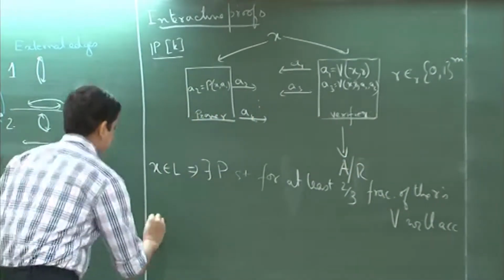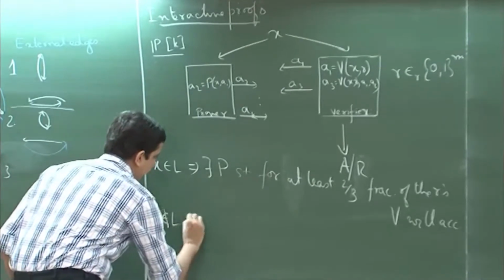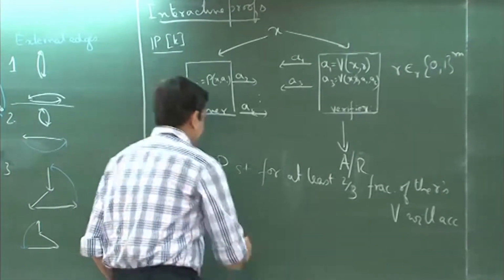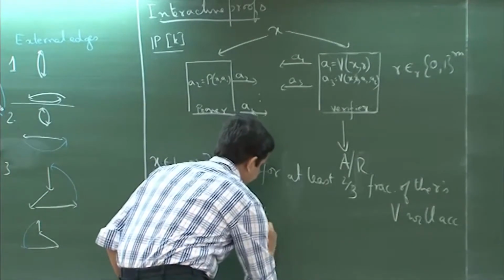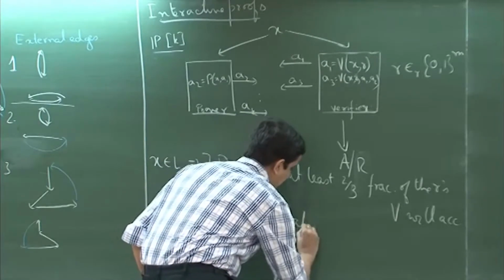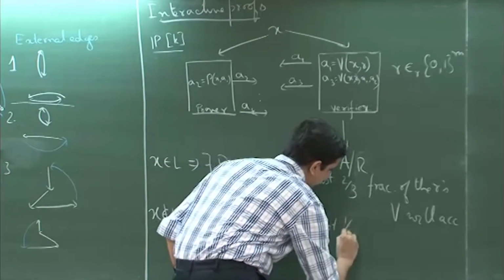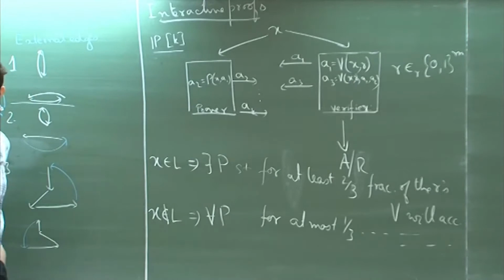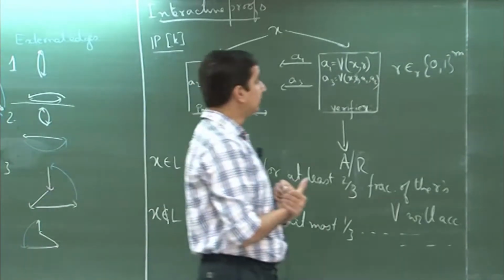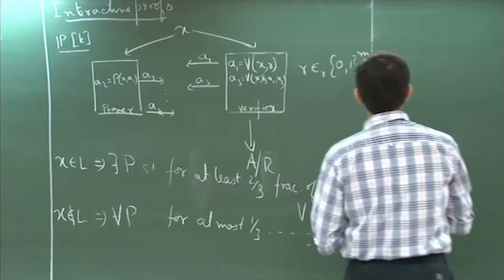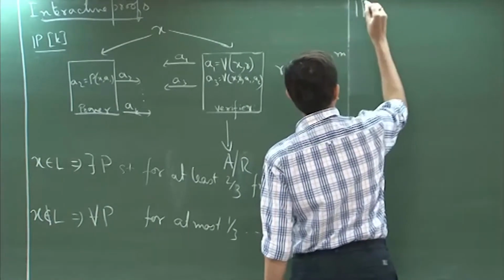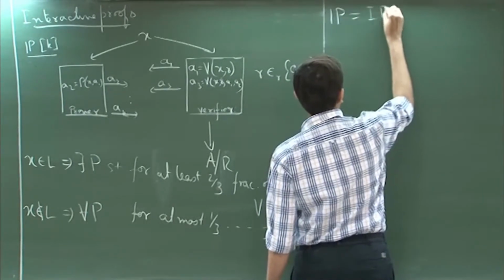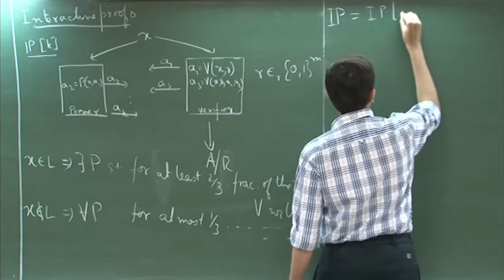And if x does not belong to L, then no matter what the prover function is, for at most a 1/3 fraction of the r's, the verifier will be able to accept. So, this is what the model was, and we said that we will denote this class IP to be IP with polynomially many rounds.